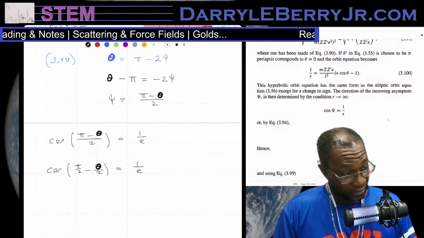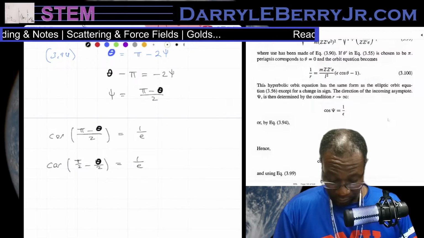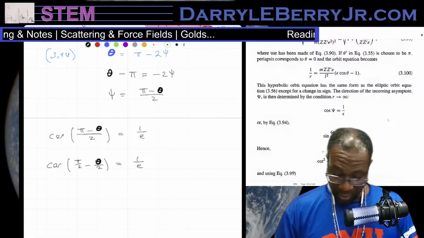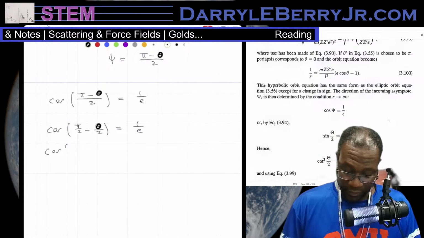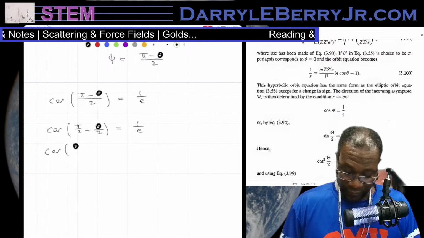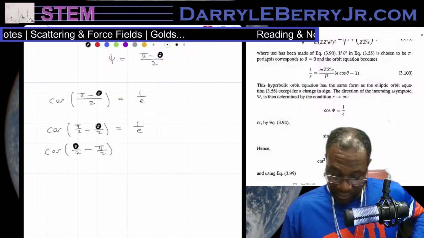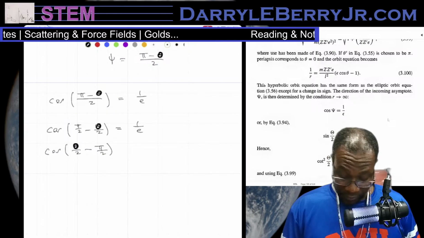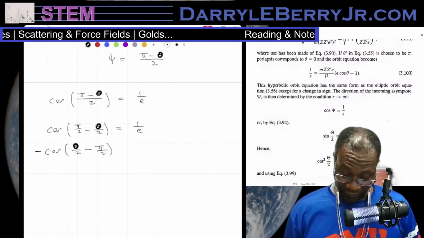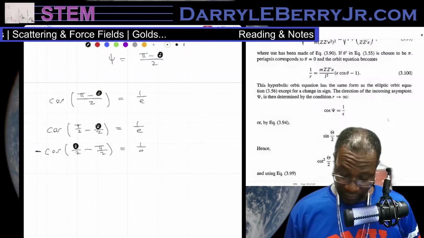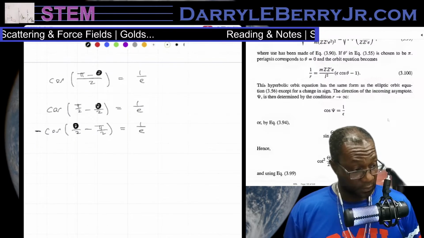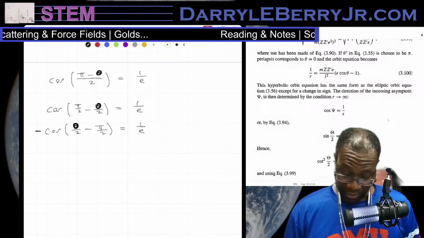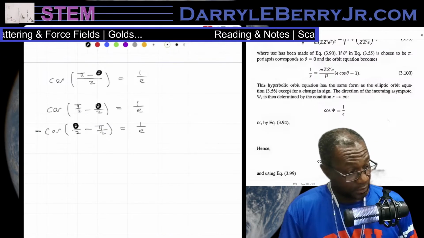And if we shift, well, the first thing we can notice is cosine is an even function. So cosine of big theta over 2 minus pi over 2 should be the same, like if I were to extract a negative from that, equals 1 over e.